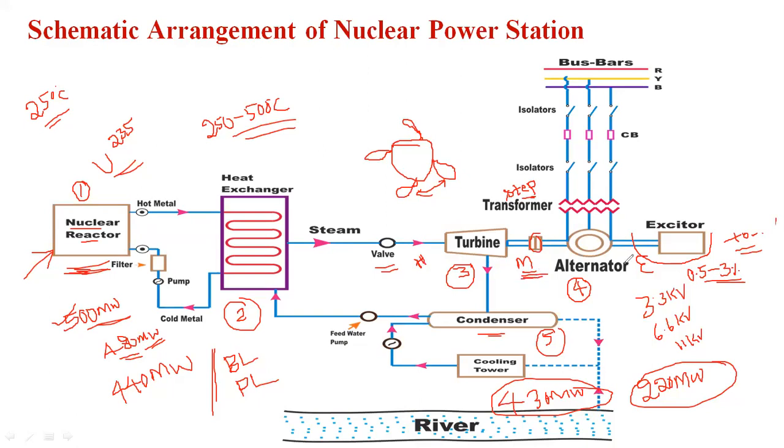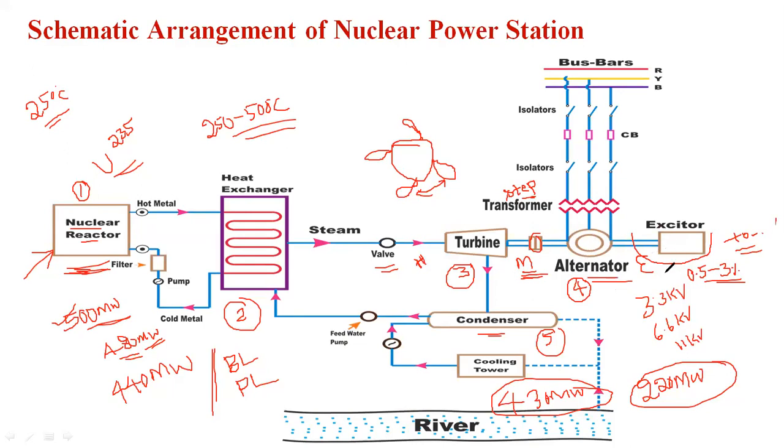That mechanical energy is converted into electric energy with the help of the alternator, and the alternator and steam turbine are attached on the same shaft. The generated power can be sent to the consumer with the help of a step-up transformer, isolator switches, circuit breakers, and then the bus bar. The exciter is connected to the same shaft of the alternator.